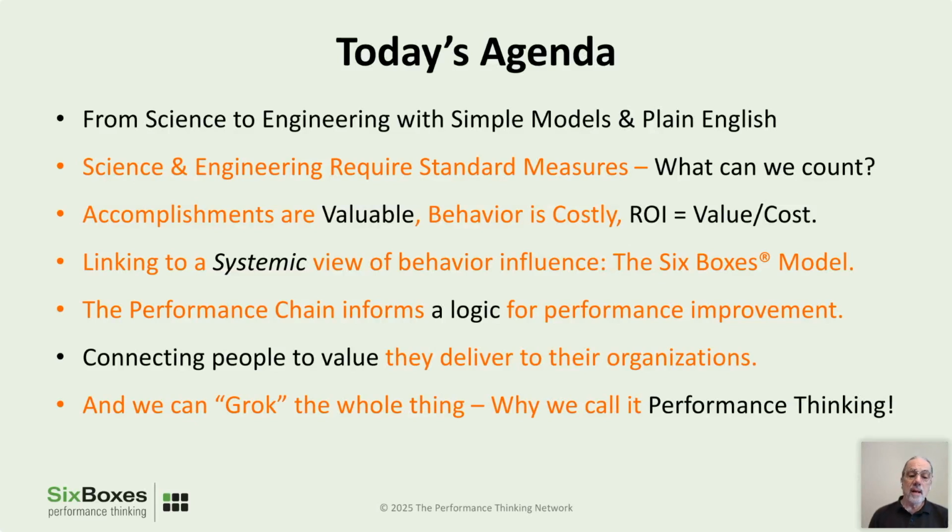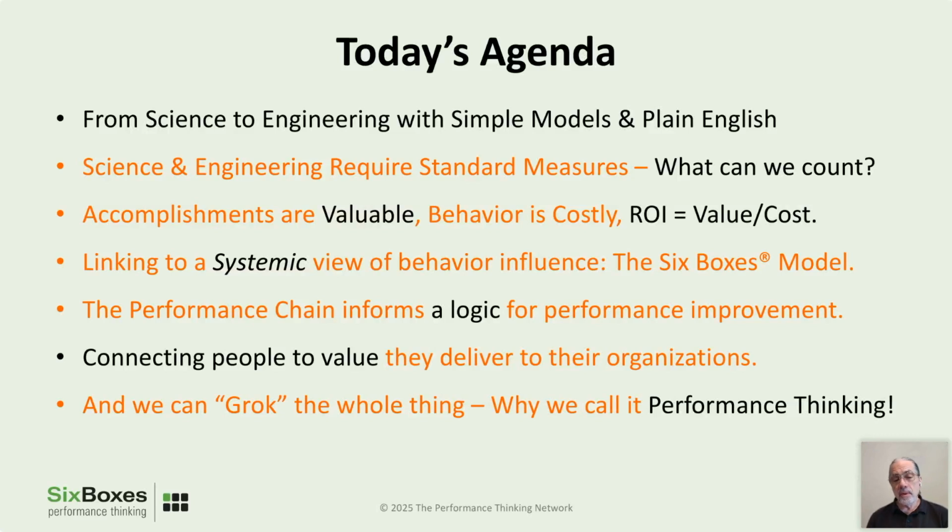Of course, we're also accomplishment-based, and accomplishments are the valuable parts of performance, as Tom Gilbert pointed out. It's accomplishments that are valuable, and behavior is costly. A lot of people are interested in ROI, or return on investment. When you get explicit about the distinction between accomplishments and behavior, it makes it more straightforward to think about ROI and how you might calculate it.